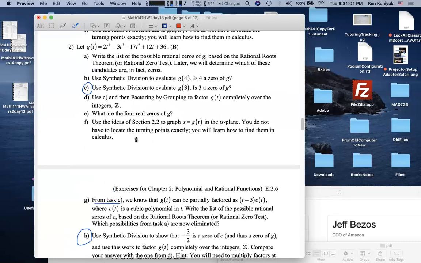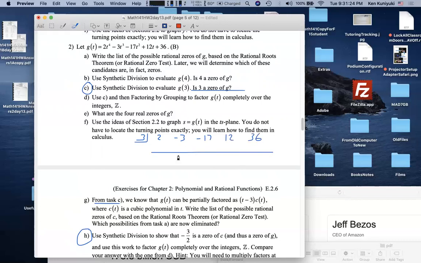So when you do the synthetic division, 3 is in the dunk tank, right? And descending powers, no missing terms. 2, -3, -17, 12, and 36.